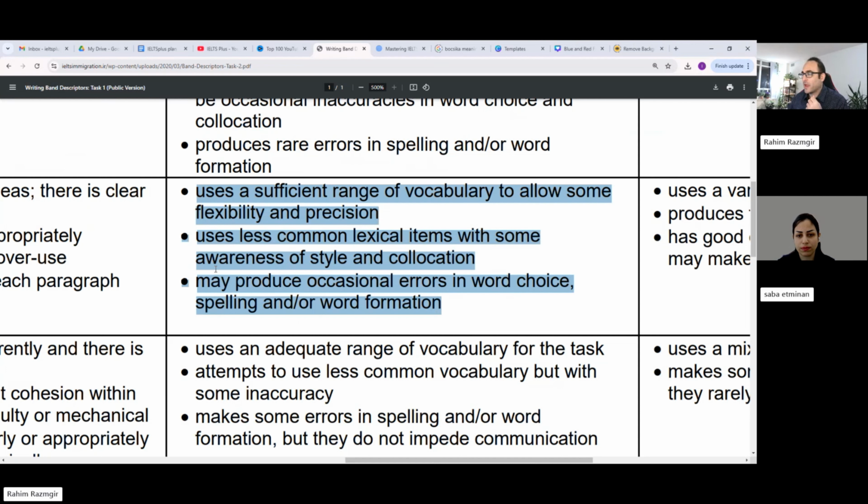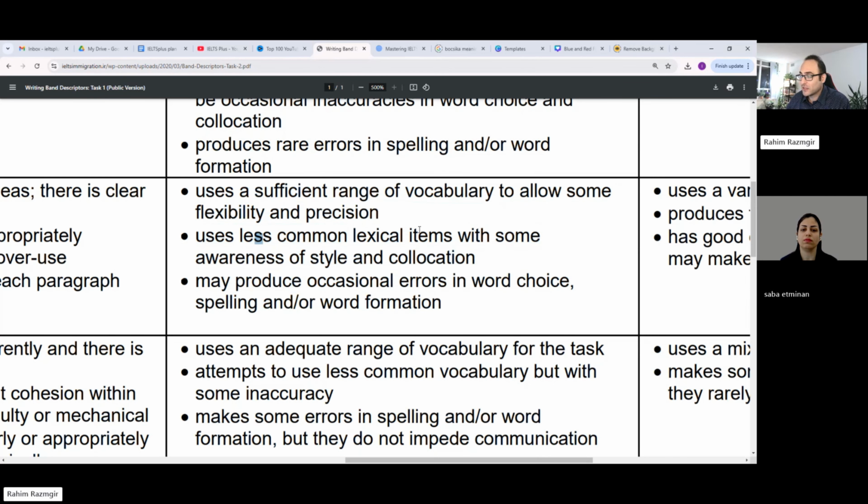Yes. Okay, so in order to get a band score 7 for lexical resource, you need to use a sufficient range of vocabulary to allow some flexibility and precision. The reason you want to show a range of vocabulary is to show flexibility and precision and to show the examiner that you know when and how to use certain words.